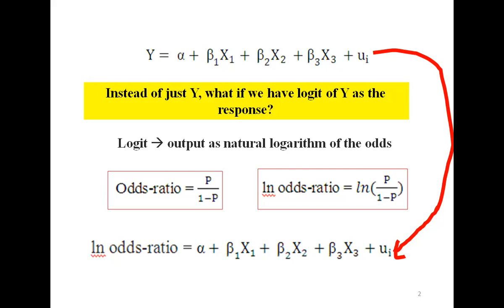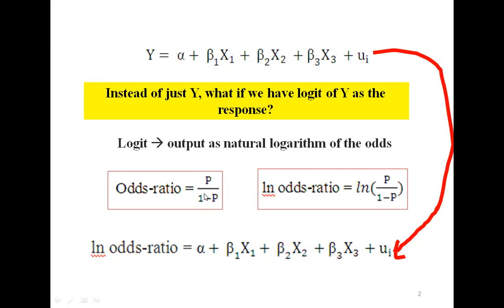Or instead of technology, we can have an event: the probability of the event happening to the probability of the event not happening. When you are tossing a coin, you can say what is the odds of the coin turning up as head or tail. So we have odds, that is the probability. So the odds ratio can be given as P upon 1 minus P. P is the probability of the event happening.